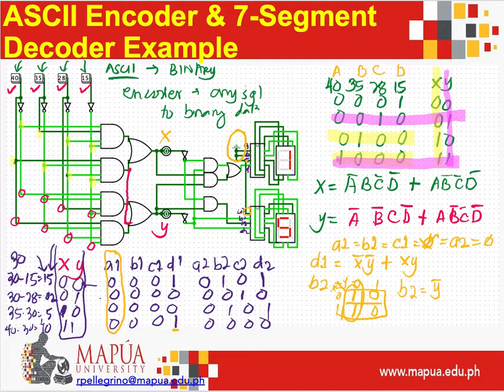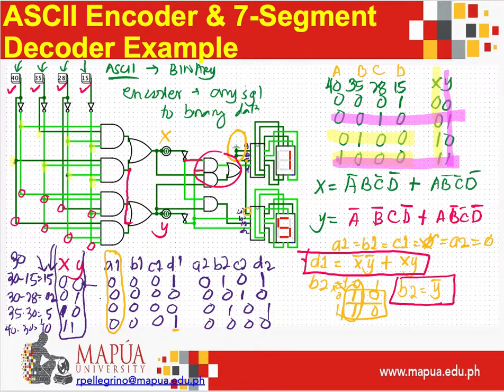Let's check this given equation. You have there X bar and Y bar, ORed with X and Y. How about B2? Our B2 is connected to our Y bar. How about C2?